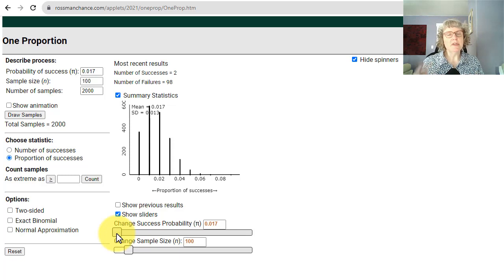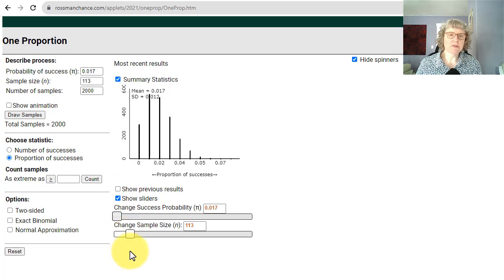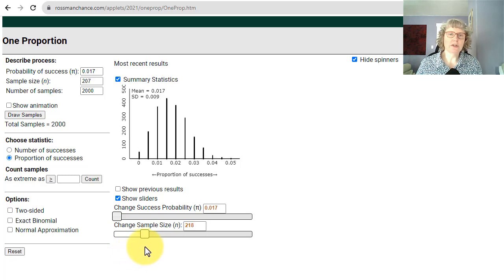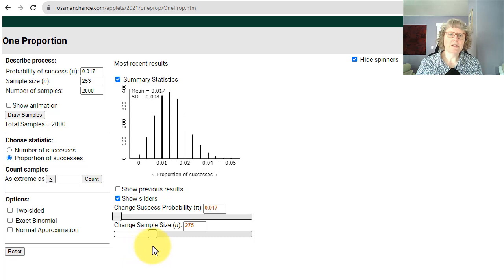Okay, so we do have to be careful if we have a really low or really high proportion, we've got to watch out for our shape, okay? Now let's see what happens. Let's keep it at this skewed shape, but would the sample size help that? If I do a larger sample size, it was 100, now I'm going almost to 200, it is getting more symmetric, isn't it?